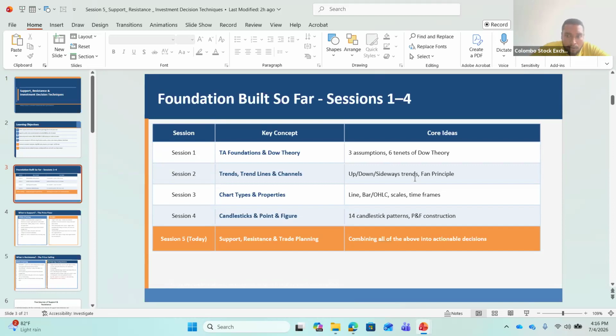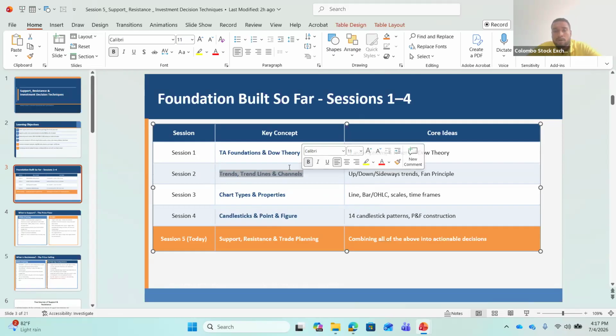Out of these charts, you only need to focus on the candlestick charts, and these trend lines and channels are also important.